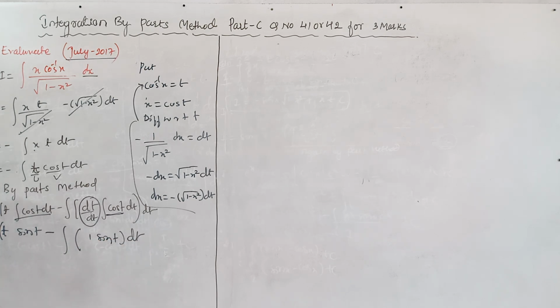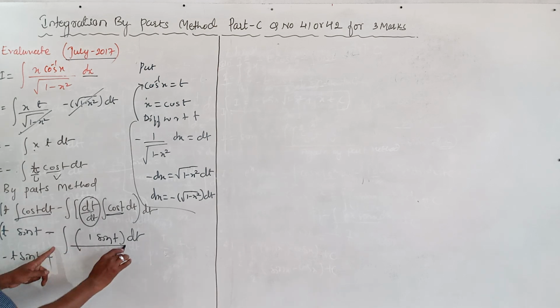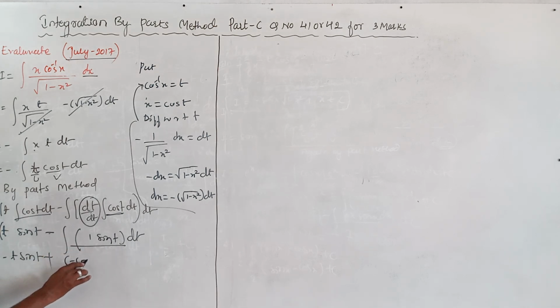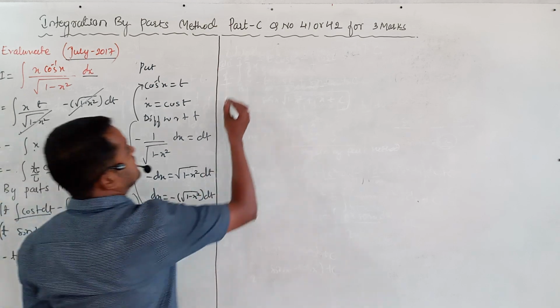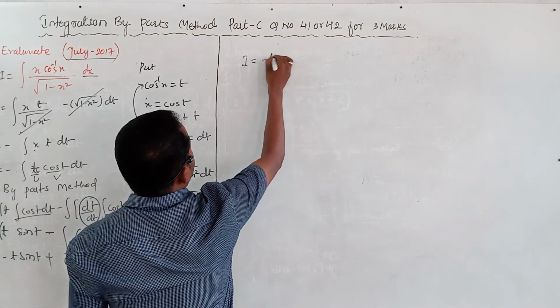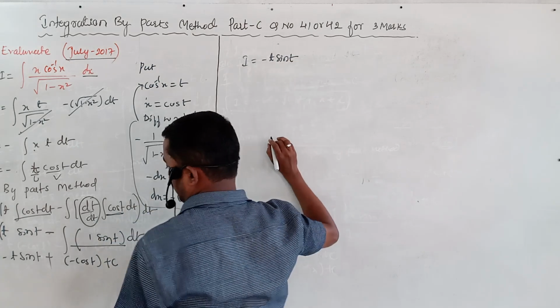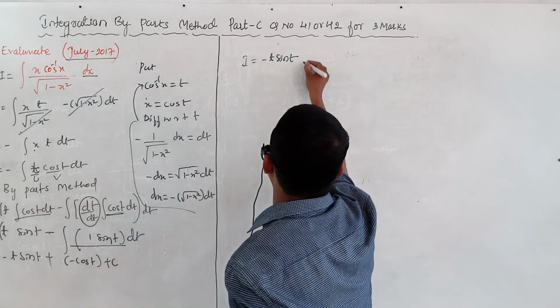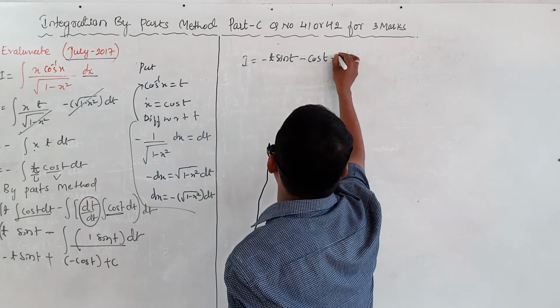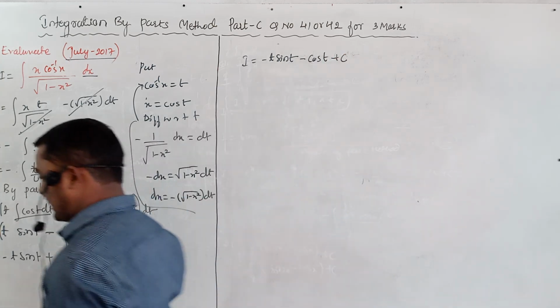One more step: I is equal to minus t sin t minus into minus plus integration of sin t, which is minus cos t, plus C. Next step: I is equal to minus t sin t plus into minus minus cos t plus C.